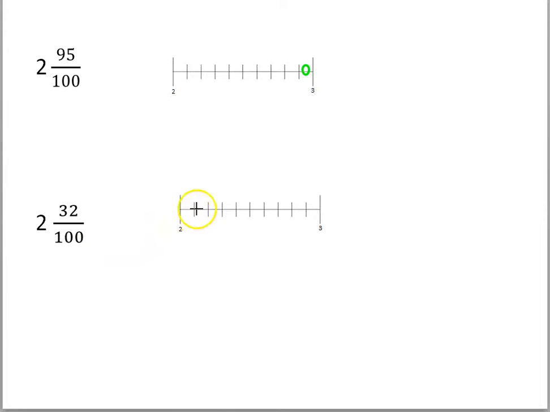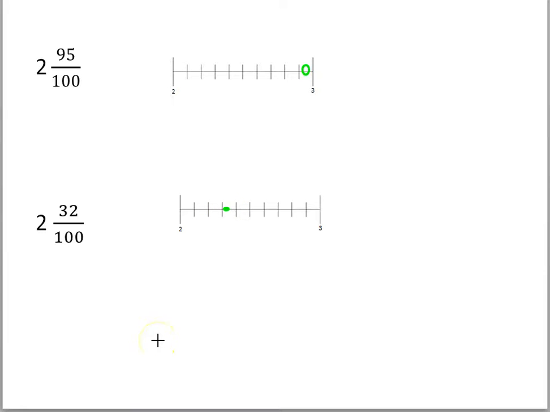Here's my 2, 10/100ths, 20, 30, and I only need to go a little bit farther for that 32. It's not right in the middle, that would be 35, but it's closer to the 30.